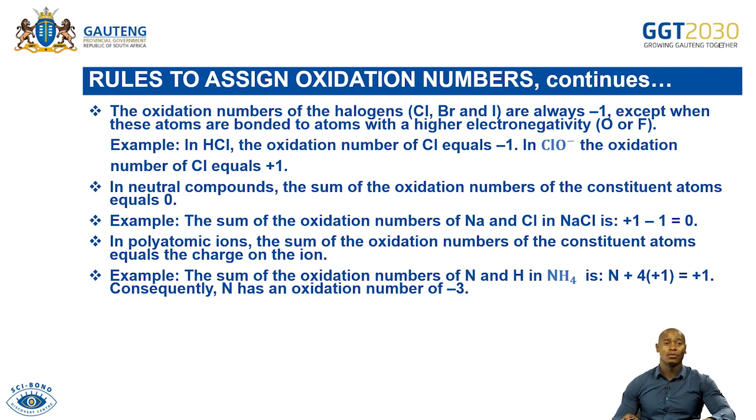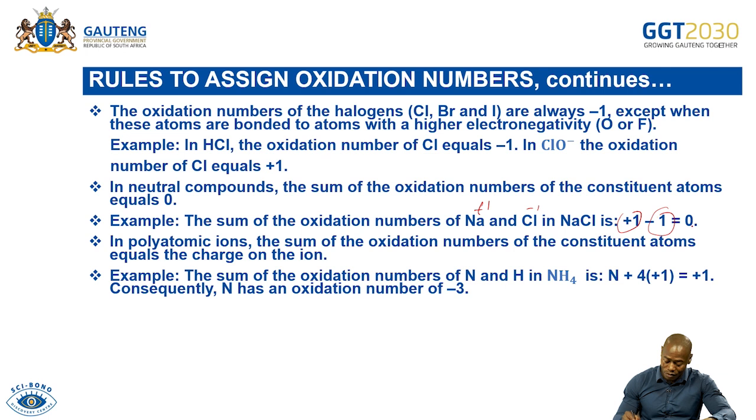In neutral compounds, the sum of oxidation numbers of the constituent atoms equals 0. For example, the sum of oxidation numbers of sodium and chlorine in sodium chloride is going to be 0, because sodium is in group 1, so its charge will be +1, and Cl is in group 17, so its charge is -1.